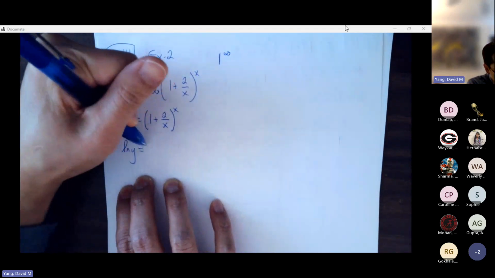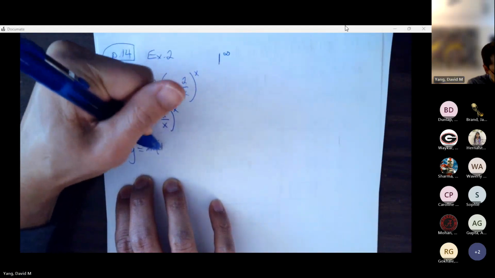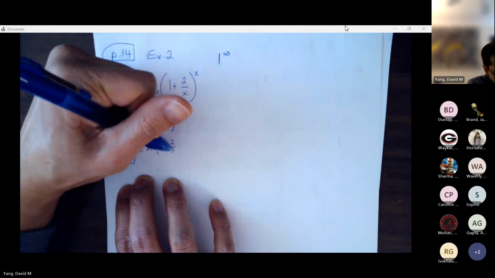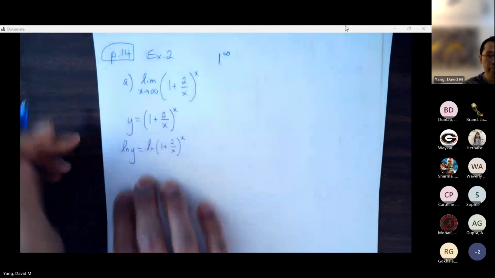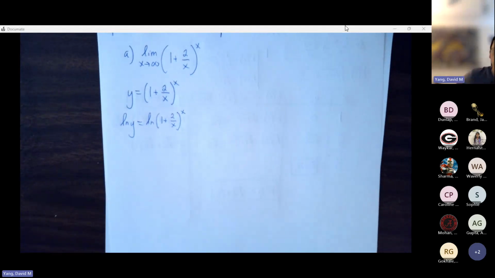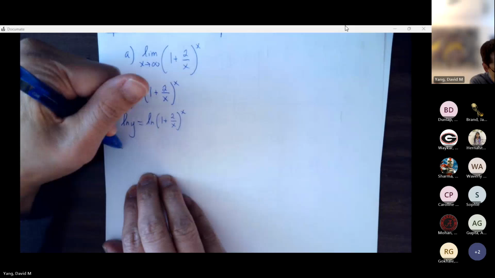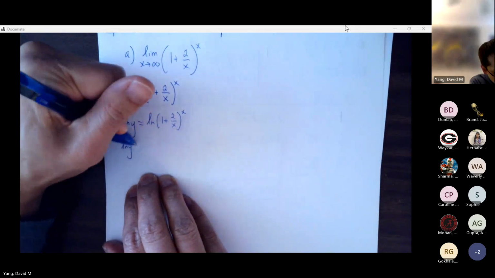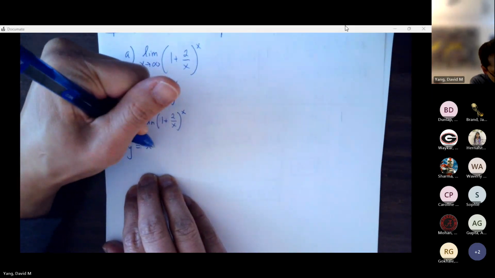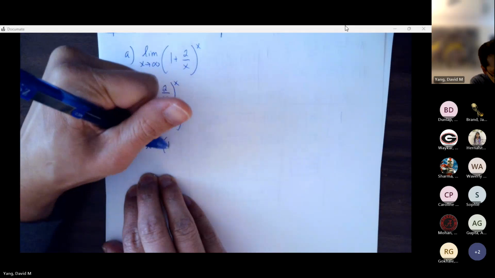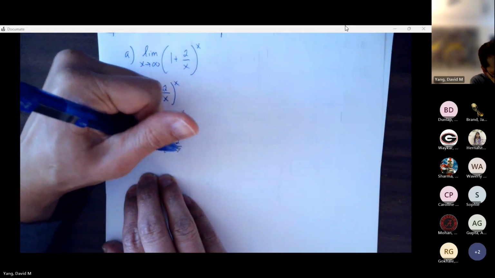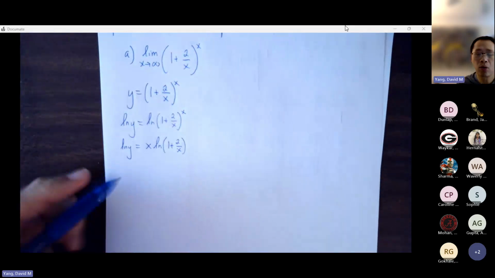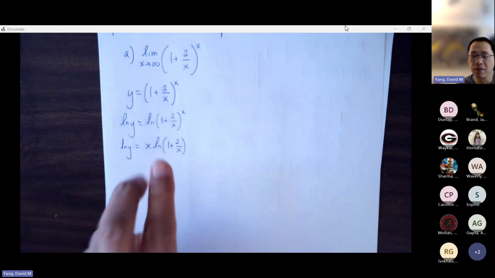Let's take the natural log of both sides. Now that we're inside a log expression, we can bring that exponent down in front. Our goal really, we're not trying to find the derivative just yet.